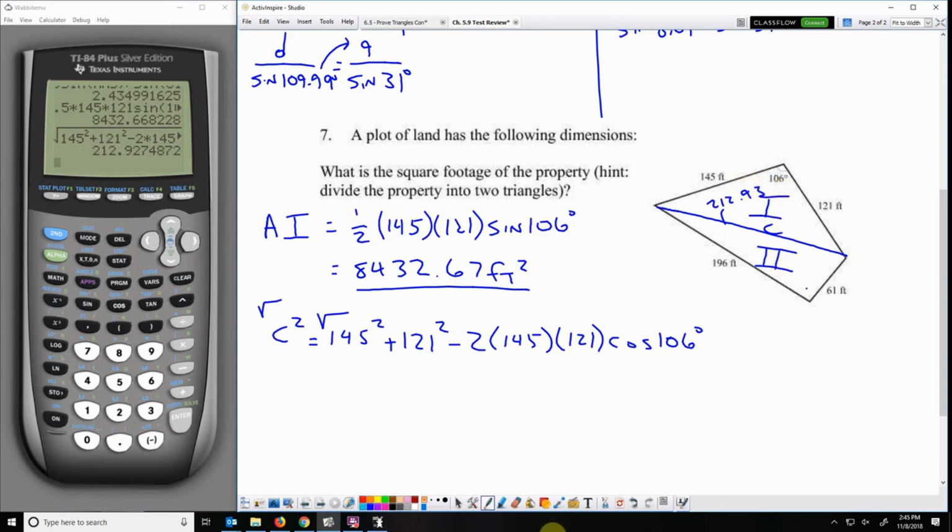Now I can use Hero's formula. Okay, so I have to find this semi-perimeter.